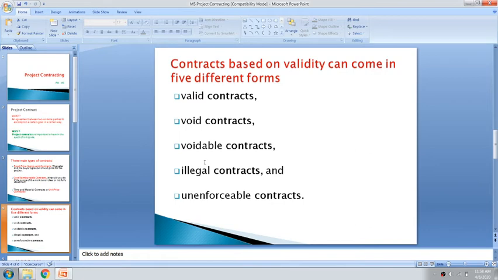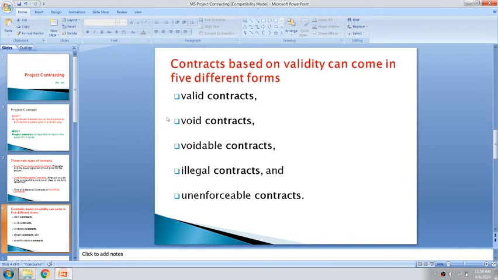Now we'll see what the types of contracts are. We will not be going into detail about all the different types. Here we will look at types of contract based upon validity: valid contracts, void contracts, voidable contracts, illegal contracts, and unenforceable contracts.